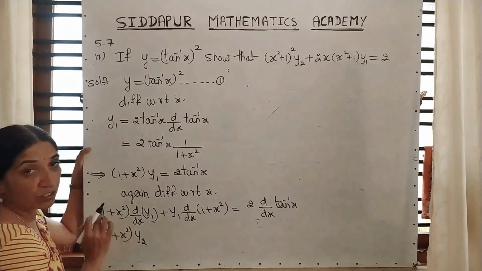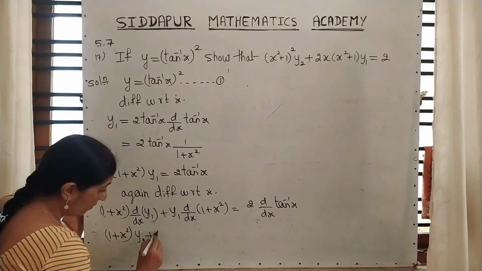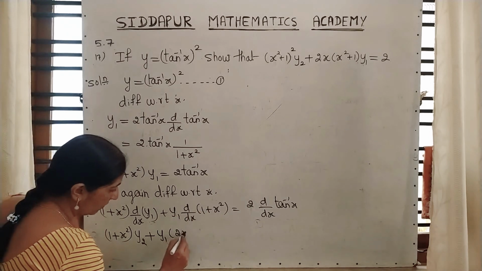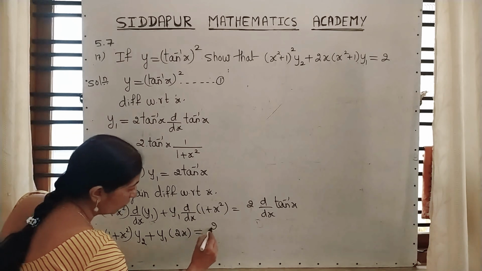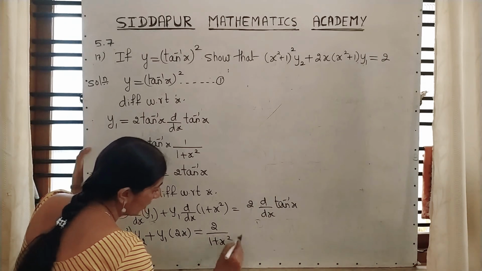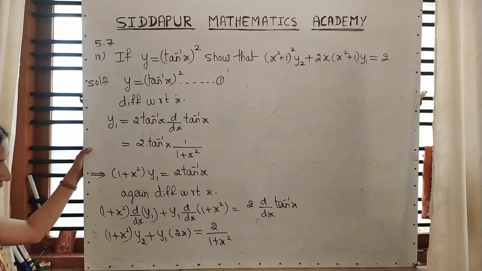First derivative gives second derivative. Plus y1 as it is, differentiation of 1 plus x square is 2x, is equal to 2 upon 1 plus x square, since differentiation of tan inverse is 1 upon 1 plus x square.